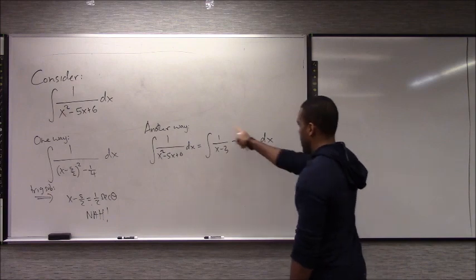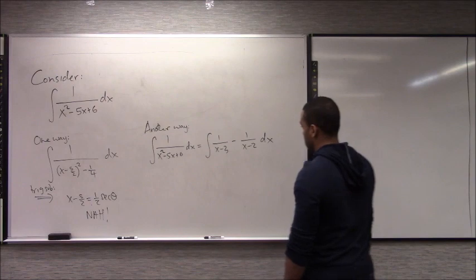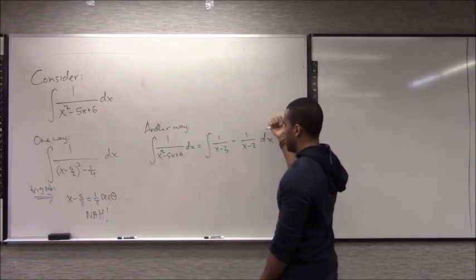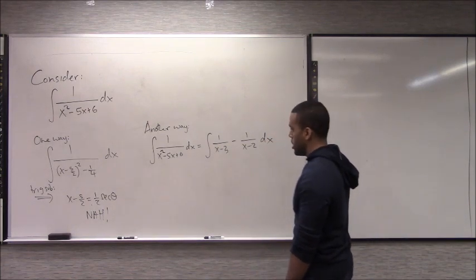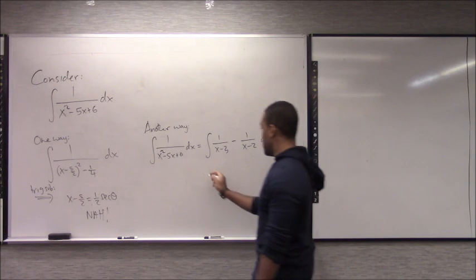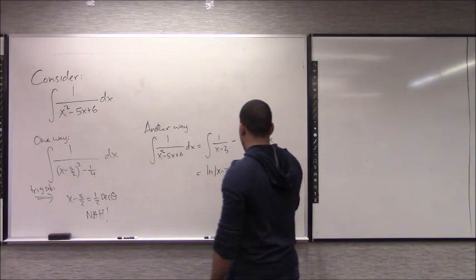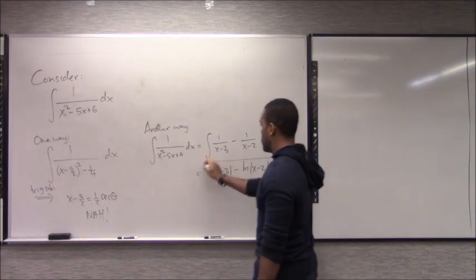And you can check, if I add these two fractions, it'll combine and give me that fraction over there. Because x minus 2 minus x plus 3 gives me a plus 1, and then multiplying these across will give me the denominator. Now each of these you can integrate easily. Natural log of x minus 3, minus natural log of x minus 2, and that's your answer.